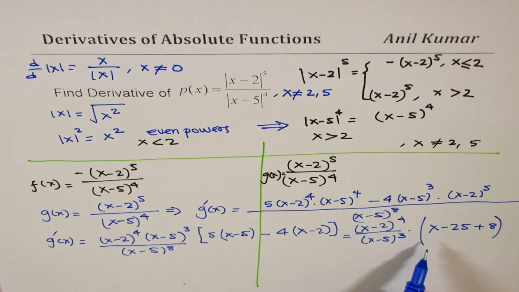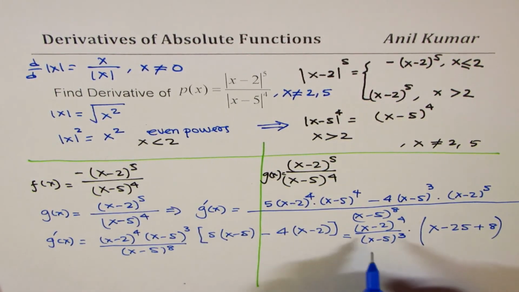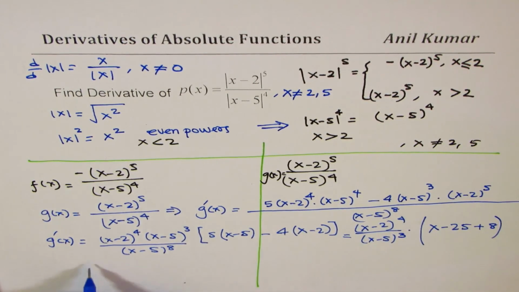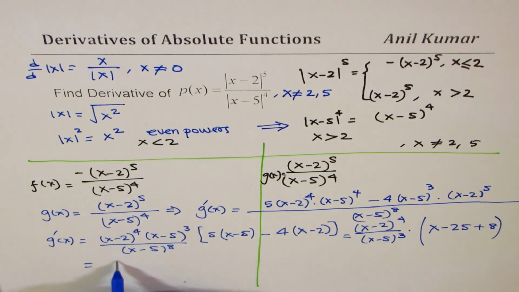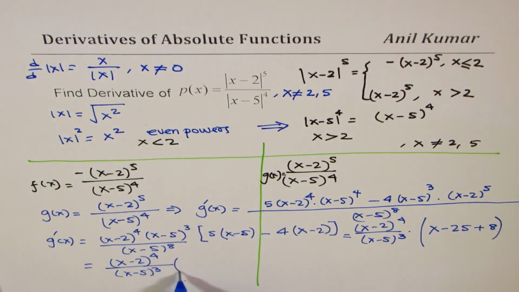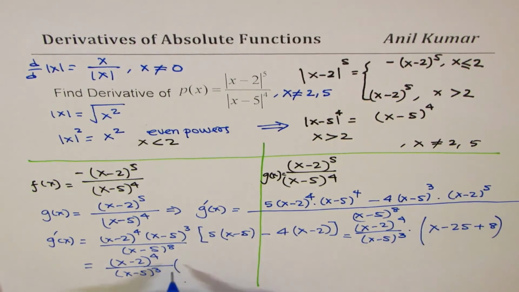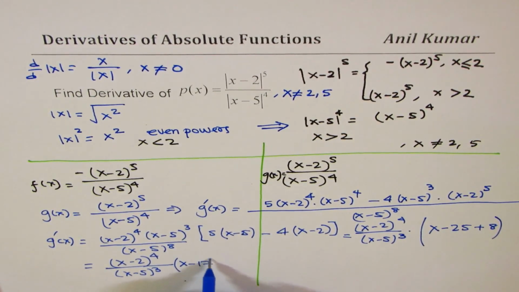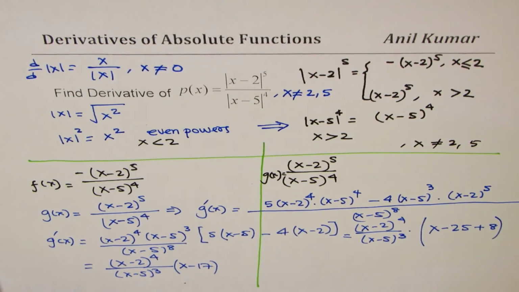So that becomes the derivative for x greater than 2, which is equal to (x minus 2) to the power of 4 over (x minus 5) to the power of 3 times (x minus 17). So this is g dash x.